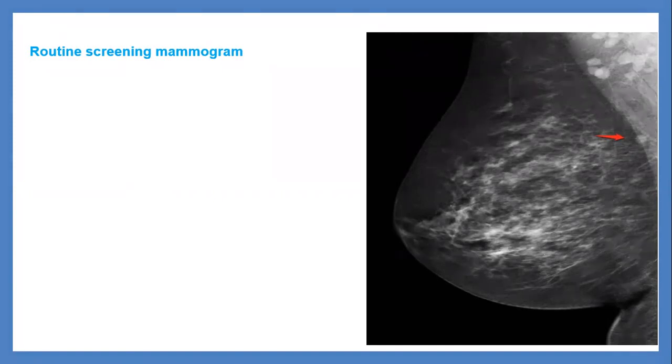There is no adjacent distortion. Pectoralis muscle is not tethered, and there is no surrounding reaction. Okay, and it is circumscribed. So I give it BI-RADS 3, and above that I could see a lymph node in the axilla. It could be reactive lymph node, or it could be pathological lymph node. So I have to do ultrasound for more characterization of this lesion and the lymph node.